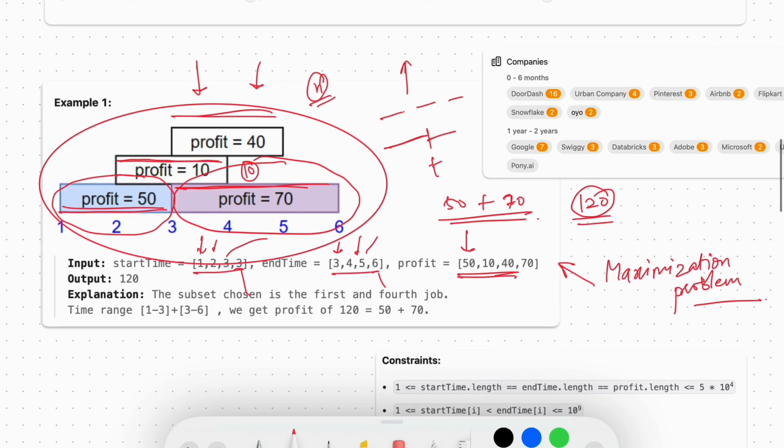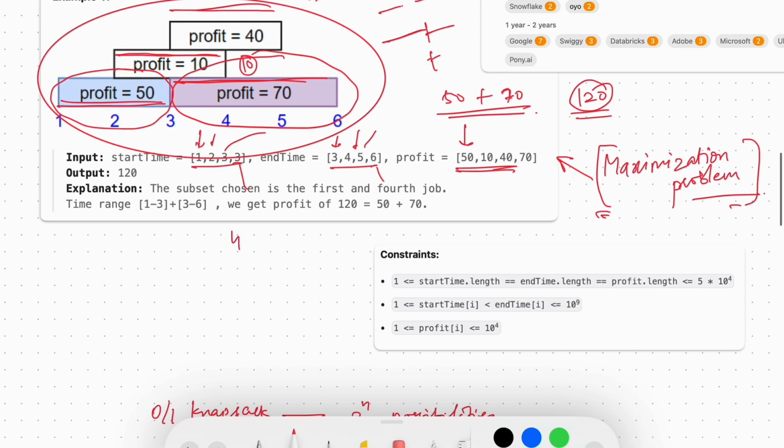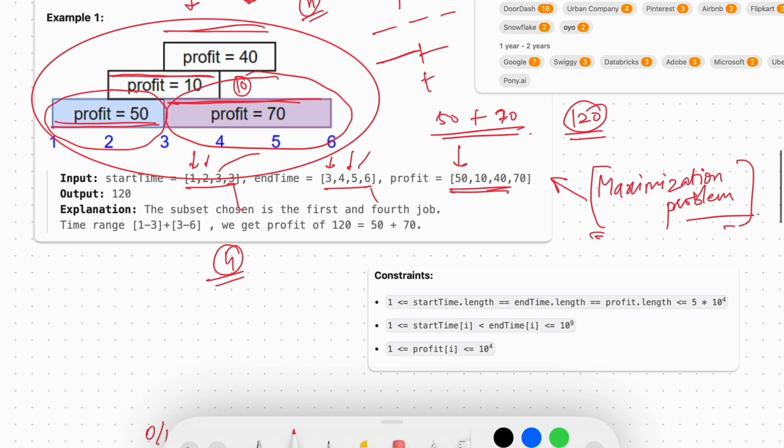Ultimately it's a maximization problem, which we generally solve using dynamic programming. Here we have 4 jobs, and we have to choose a subset of these jobs such that we get the maximum profit and no two jobs are overlapping. So we have to choose a job such that it does not overlap with any previously chosen job.